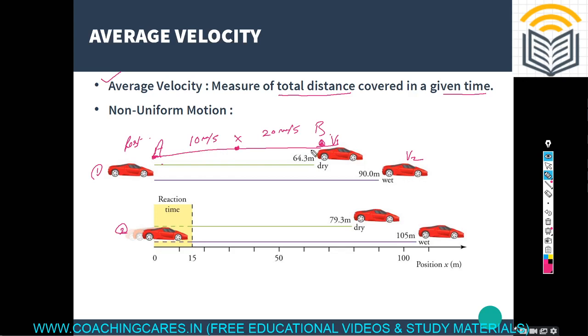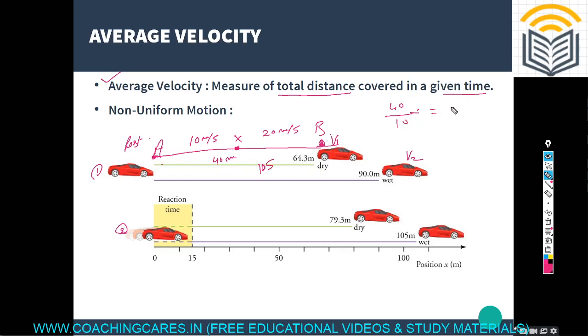So the car is in a non-uniform motion, as understood by the picture. The average velocity will be total distance covered. From here to here the distance is, say, 40 meters, and the time taken is, say, 10 seconds.